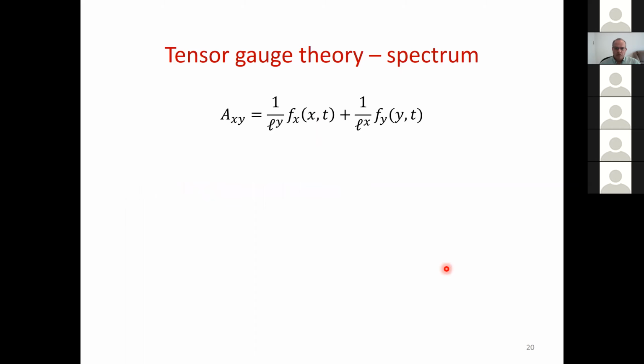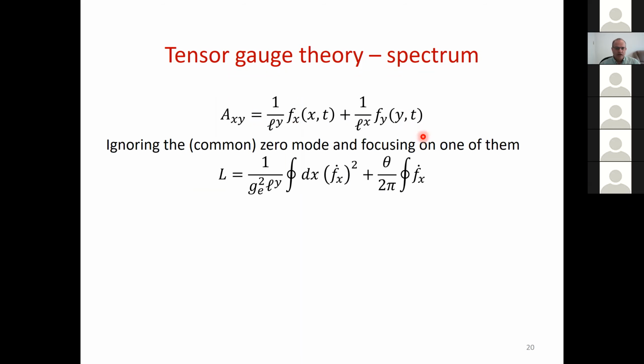Let's work out the spectrum of this system. So we just take this function A and we substitute it in the Lagrangian. And again, we ignore the common zero modes. This was done more carefully in the paper. And this is our effective Lagrangian. It's very similar to what we had before. We have decoupled systems at different values of X, right?